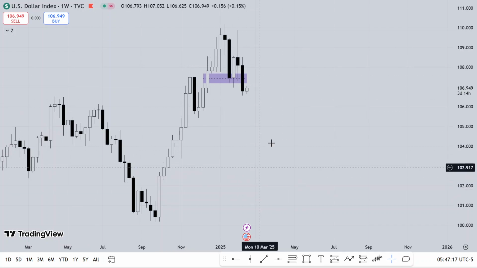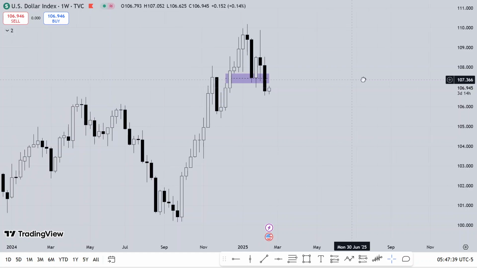So when you have a higher dollar, you would have lower prices for the crypto market, and when you have higher Bitcoin prices, you would have a lower dollar. All right, so that is what we'll be watching going into Tuesday's trading.